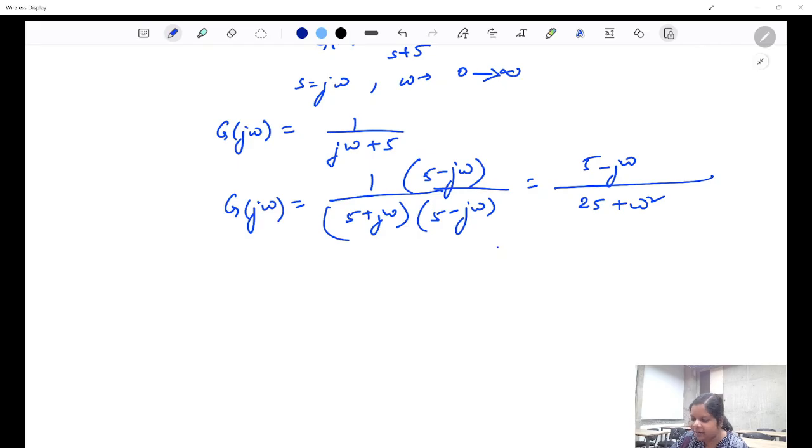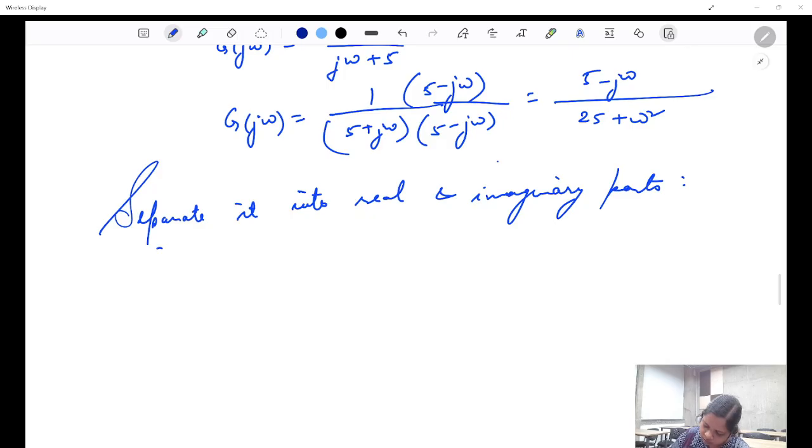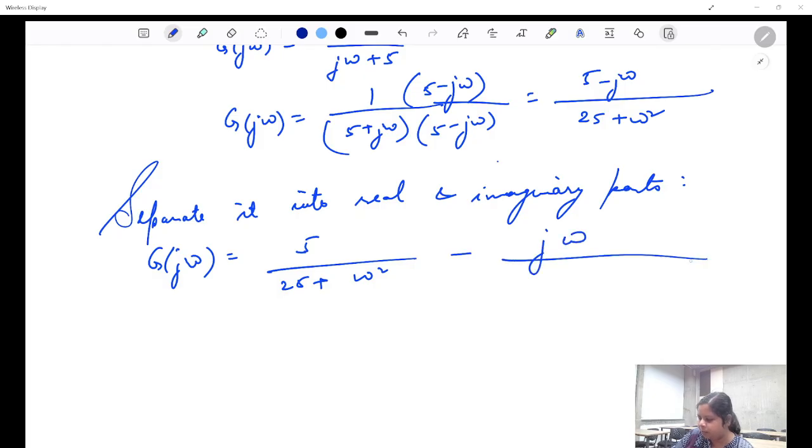From here we can separate it into real and imaginary parts. So G of j omega is equal to 5 upon 25 plus omega square minus j omega upon 25 plus omega square, right?